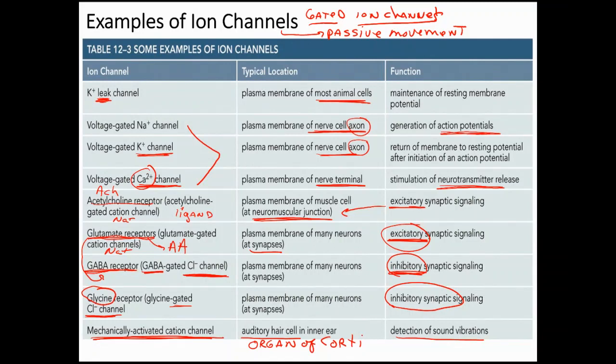That's really the most famous mechanically activated or stress activated channel. Again, it's a cation channel that opens up to sodium ions, and sodium ions, when they rush into a cell, will cause depolarization, and that's why they would be excitatory.